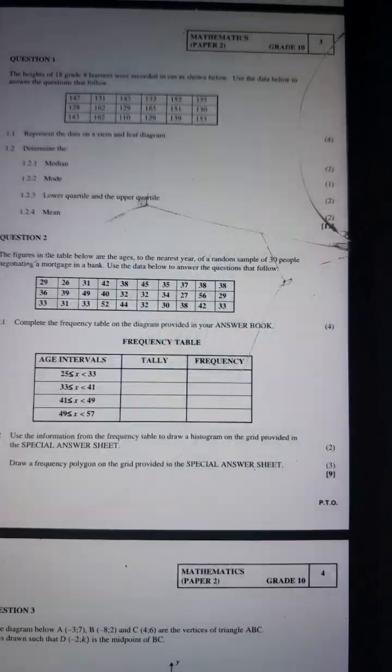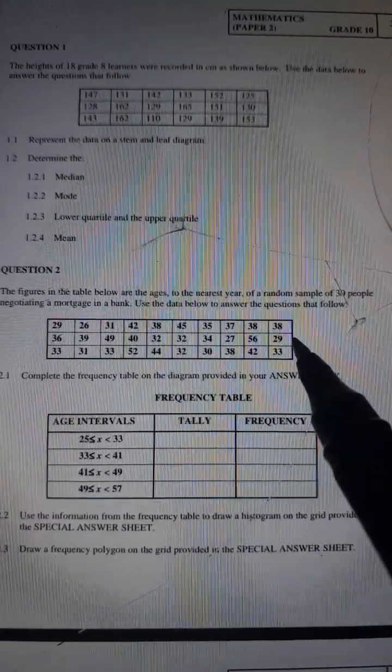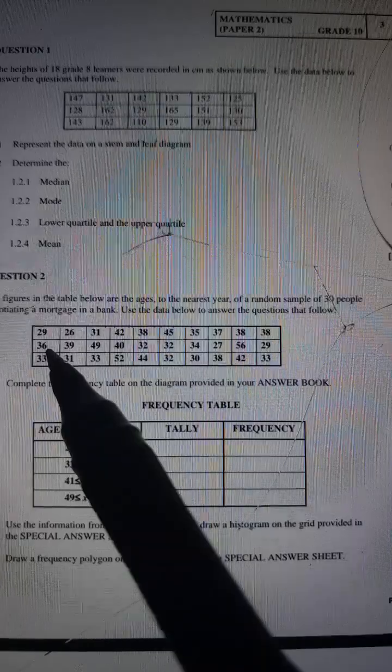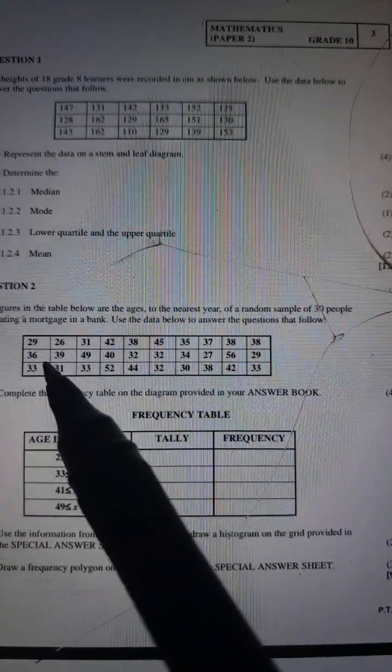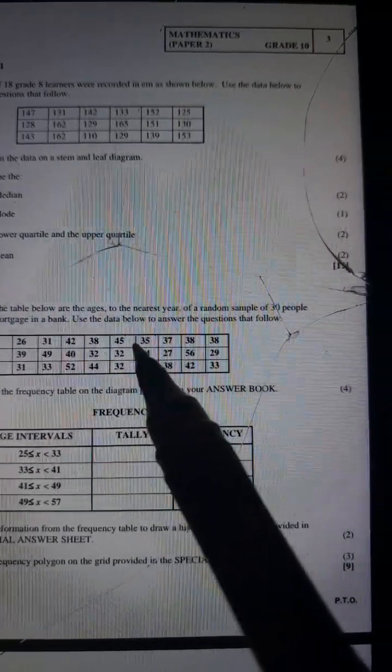So the first column we have 5. Here, the second one, we have 36, which is 5.